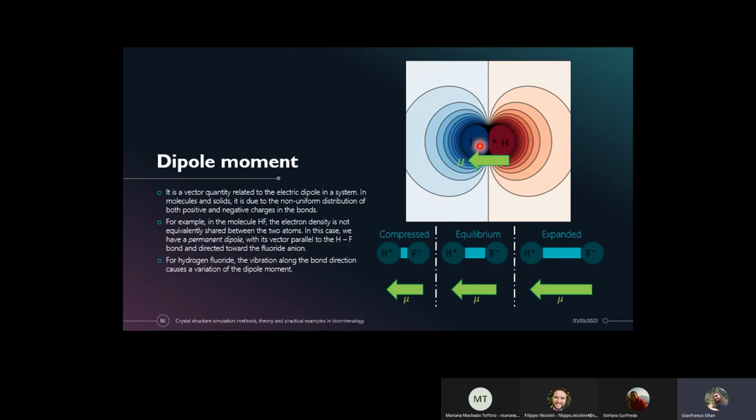The dipole moment goes from the positive atom to the negative one. Hydrogen is positive, fluorine is negative. So you have the dipole moment mu here, and you can see that if we stretch and compress the bond between hydrogen and fluorine, this vector changes.